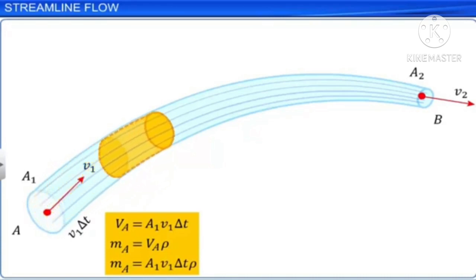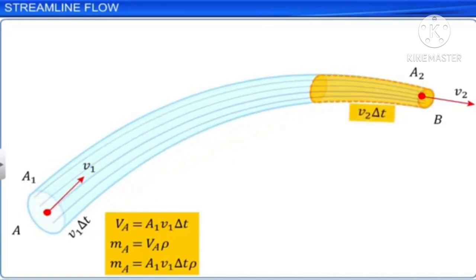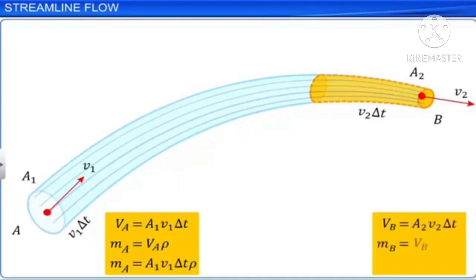Similarly, consider a small cylinder of length V2 delta t at the end B. Then, the volume of the fluid VB going out of the tube through the cross-section at B in the same time delta t is A2 V2 delta t. Hence, the mass of the fluid, mB, leaving the tube at B in the same time delta t is A2 V2 delta t ρ.